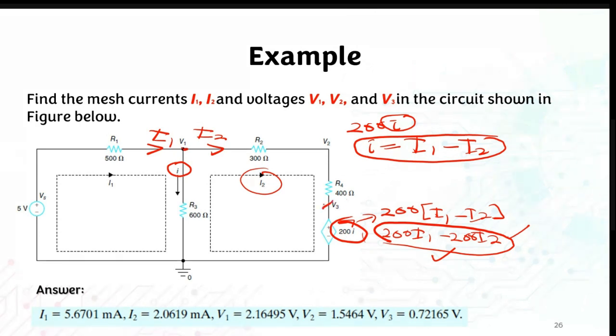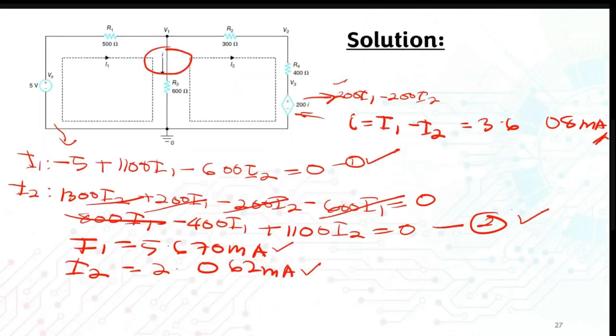Oh, this V3, sorry. Okay, V1, V2, and V3 here.